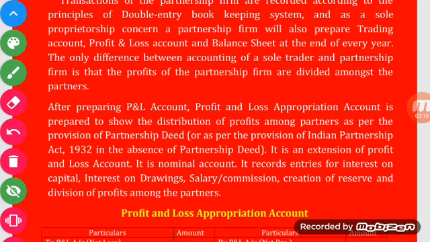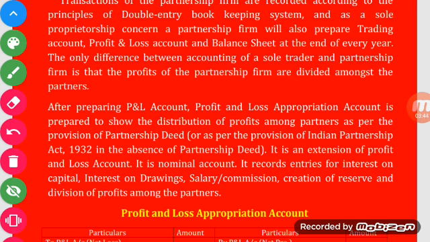It is an extension of the profit and loss account, and the nature of this account is nominal. It records entries for interest on capital, interest on drawings, salary, commission, creation of reserve, and division of profit among the partners. So I hope you understand the concept.